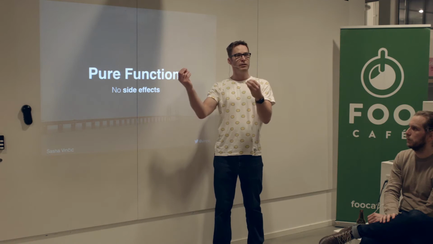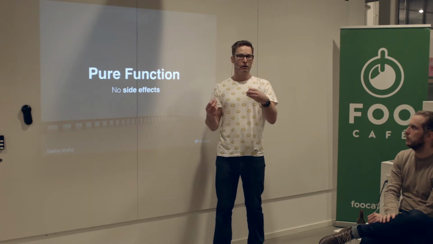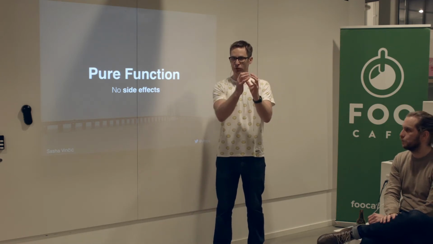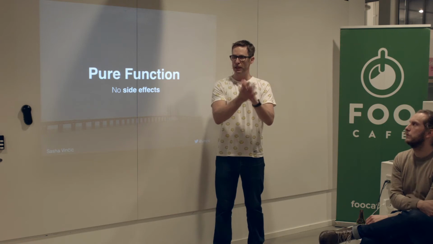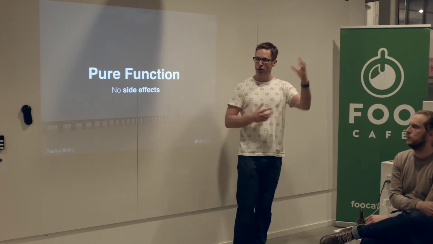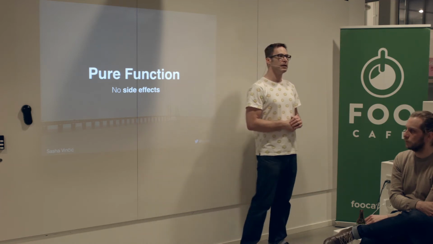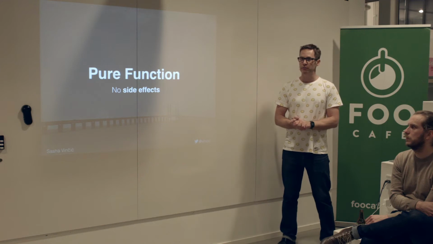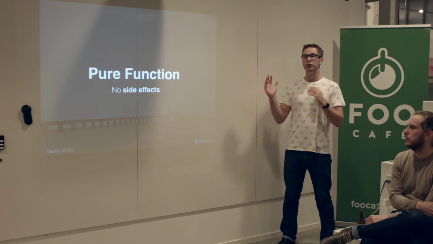And no side effects, it means the reducer will never call something else. No async calls or no other call. It will do what it needs to do with the state locally. So there is nothing else that's affected by this call to the reducer. That's what's called a pure function.